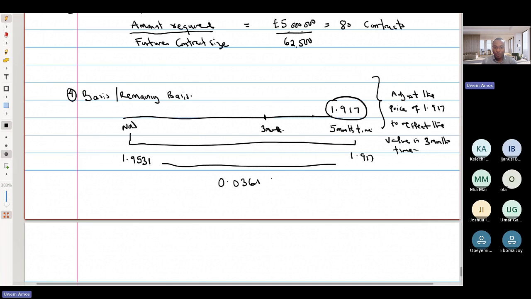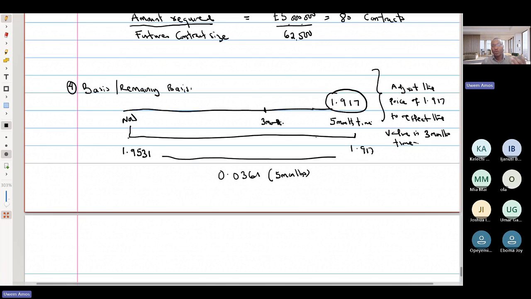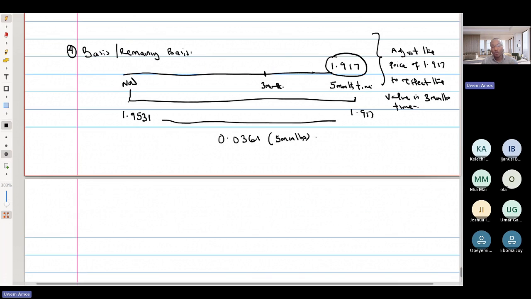And this is for a period of 5 months, from here to here. So this difference covers this period of 5 months. So let's make an adjustment now, because we assume that the difference accrues on a linear basis.